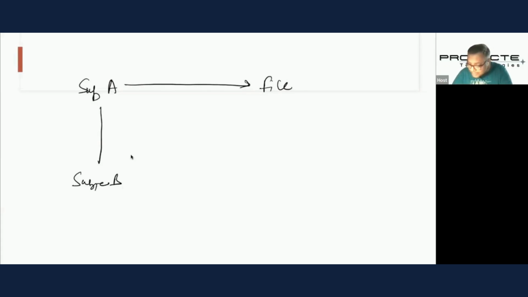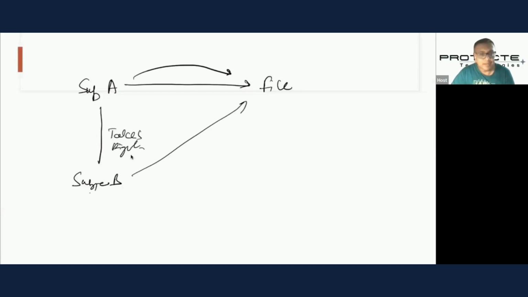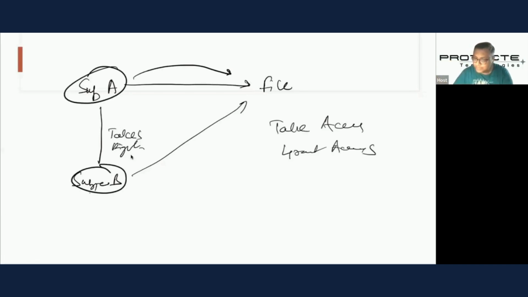So subject A takes its rights from subject B. Subject B had rights, and it takes those rights to execute actions on the file. There could be many more such actions. It could be take access, grant access. So these are called the take and grant model. So you have to create rules between subject A and subject B for the object to be accessed.